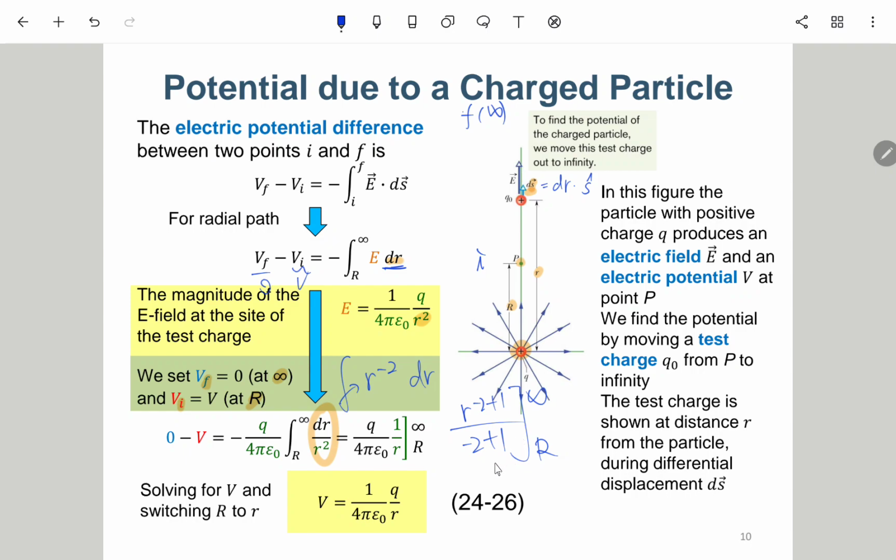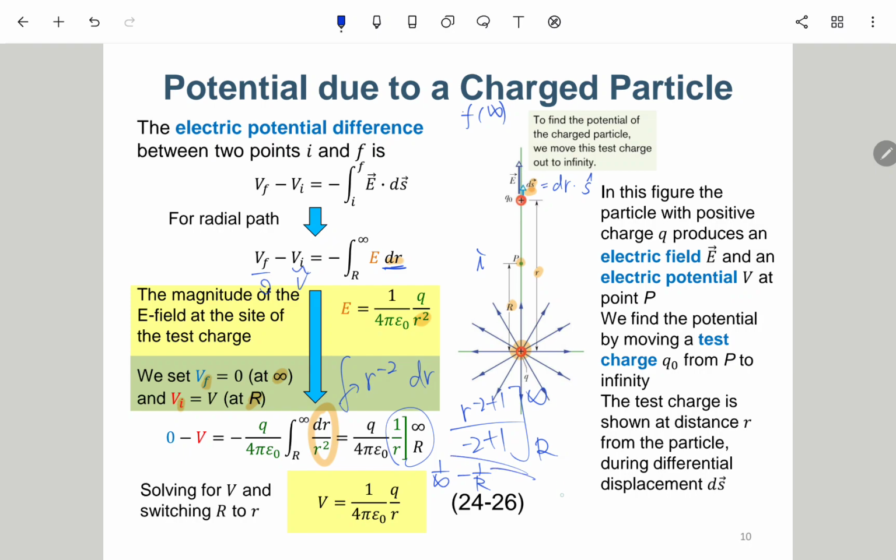The negative sign and this negative sign cancel, so we have a positive expression here. When we evaluate 1 over r from capital R to infinity, it becomes 1 over infinity minus 1 over capital R, so there will still be a negative sign.